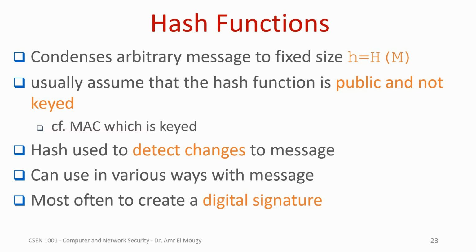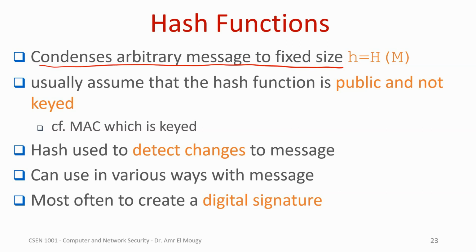Just like a message authentication code, a hash function will condense an arbitrary message to a fixed size block, meaning that you give it a message with no restriction on its size, and it produces a fixed size hash that is a function of the message.